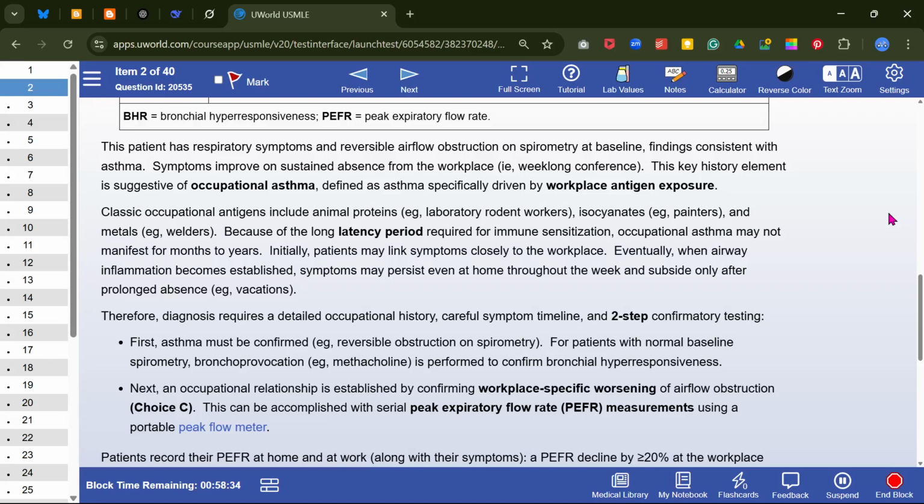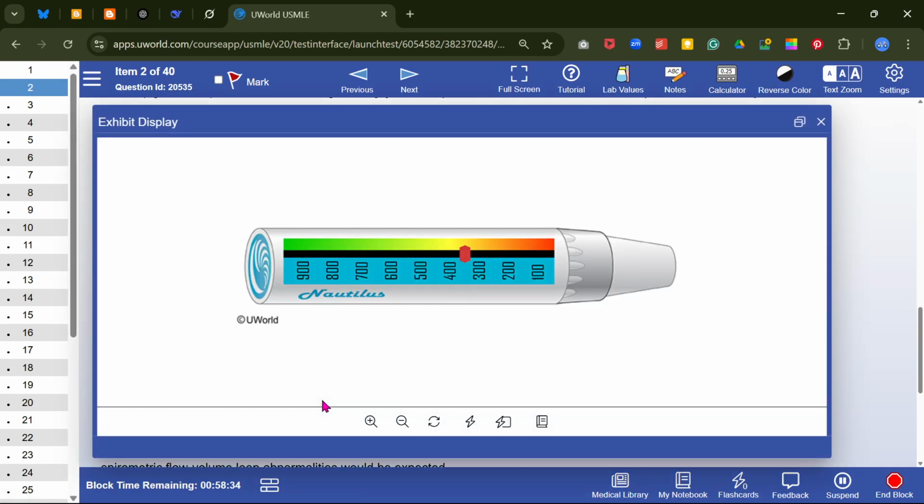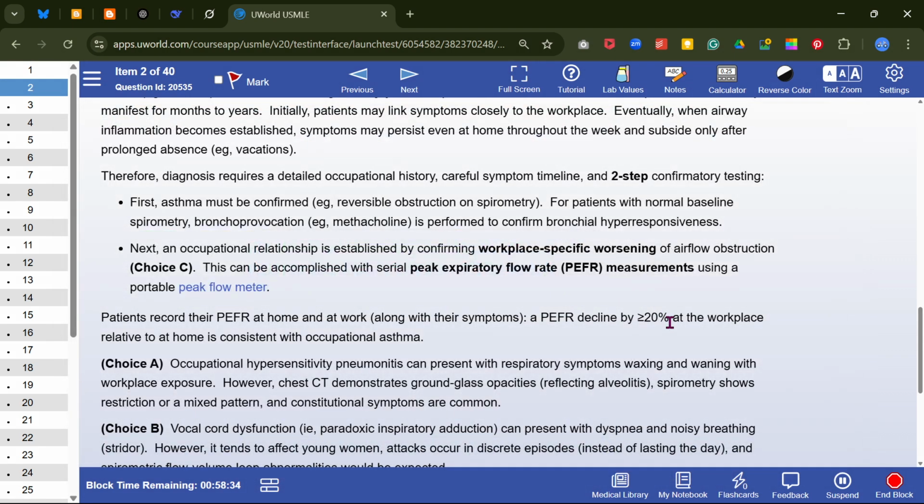This can be accomplished by serial peak expiratory flow rate measurements using a portable peak flow meter. Patients record their peak expiratory flow rate at home and at work along with their symptoms. A peak expiratory flow rate decline by more than 20% at the workplace relative to home is consistent with occupational asthma.